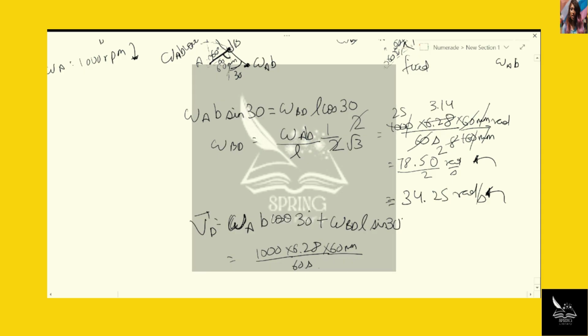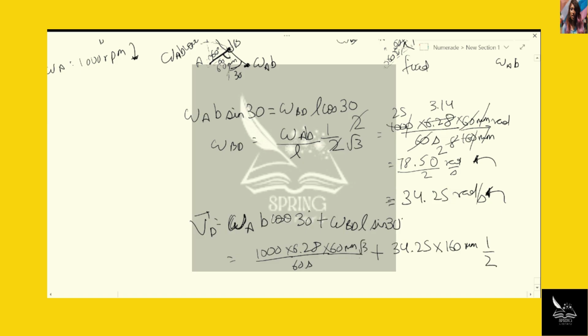Again, as I said, check the units, you will catch your mistakes. So millimeters per second plus omega BD is 34.25 times length 160 millimeters. Sine 30 is half and cos 30 is root 3 over 2. So this is half, and here we have square root 3 over 2.